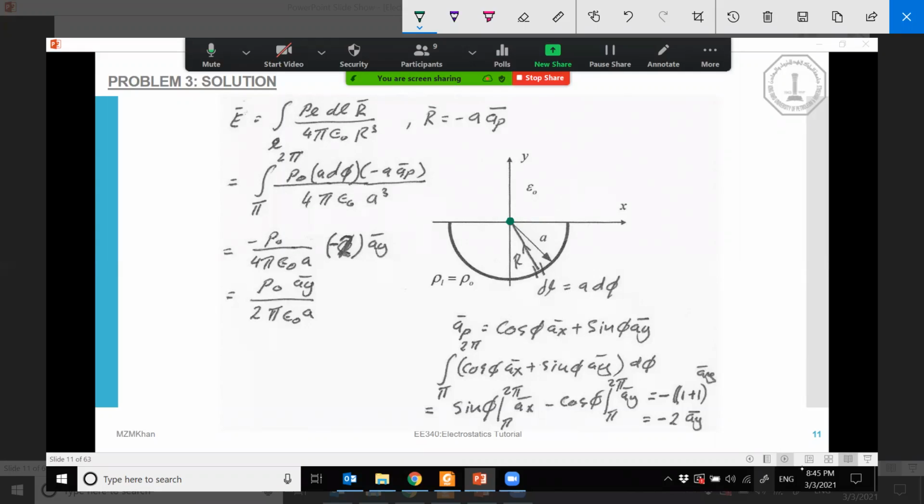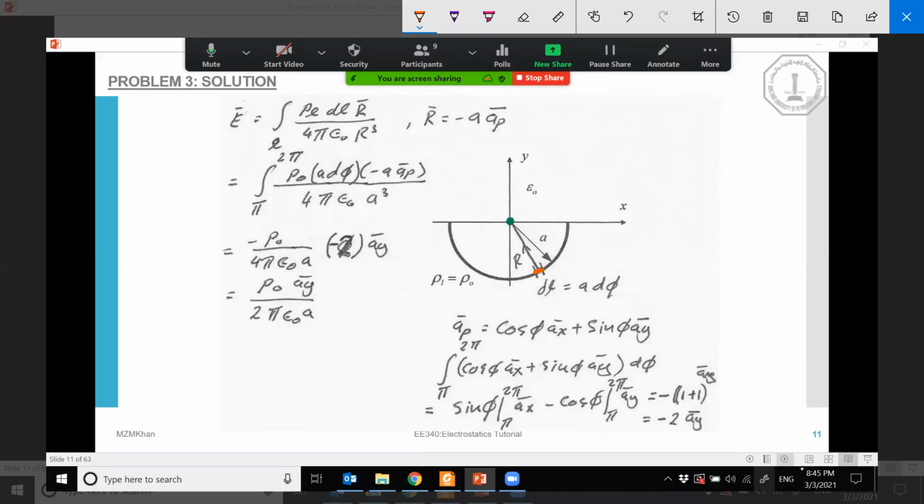What is the distance vector? This is my small dl, which I'm assuming, and the distance from this small dl to the observation point is my distance r, or distance vector r bar.